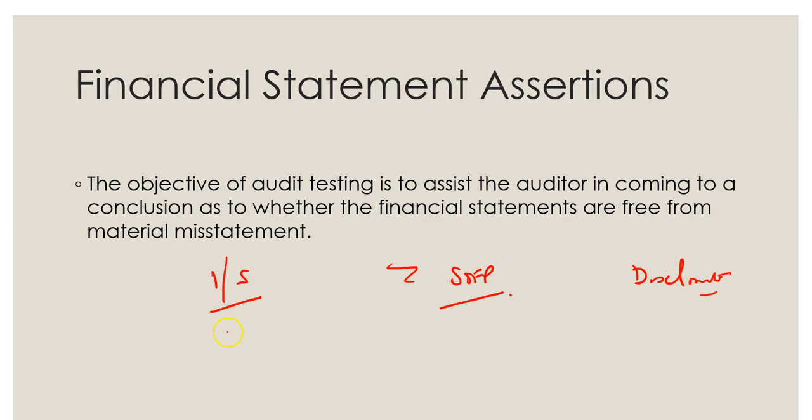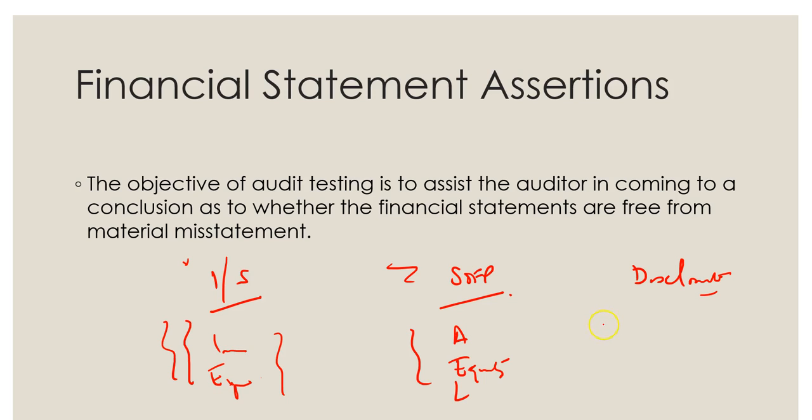So we're testing balances, and when I say balances, whatever is in these statements. This is equity, of course, and these are expenses, and this is income. However you want to discuss them.